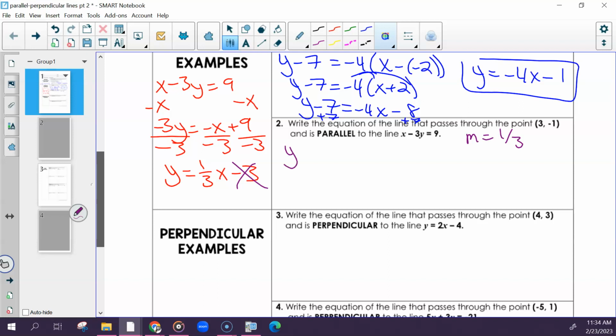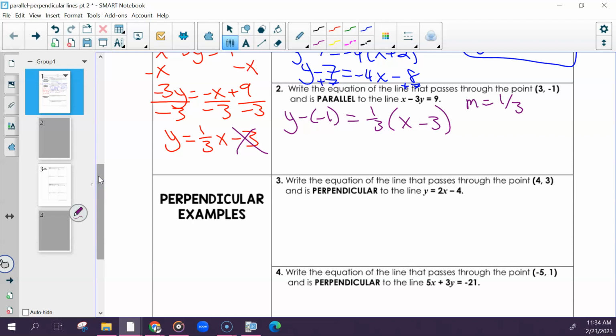We have y minus -1 equals 1/3 times x minus 3. I'm going to distribute this and make this a plus at the same time. So y plus 1 equals 1/3 x minus 1. And then subtract 1 on both sides.